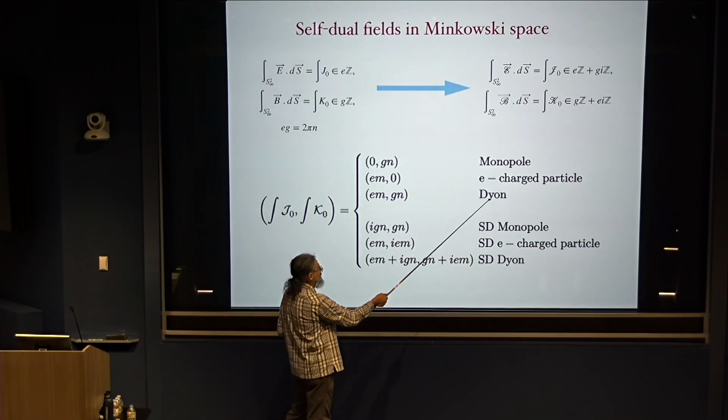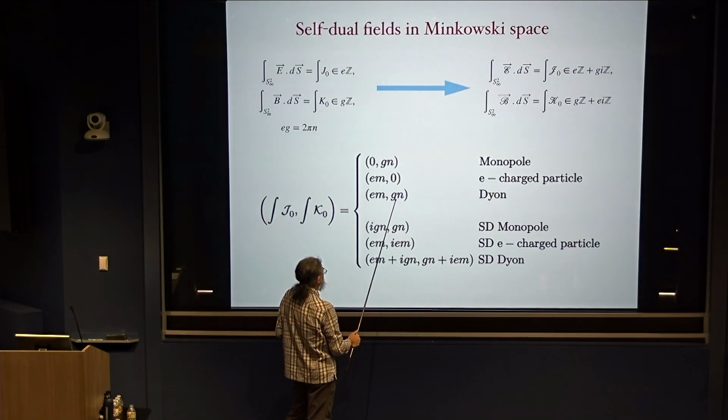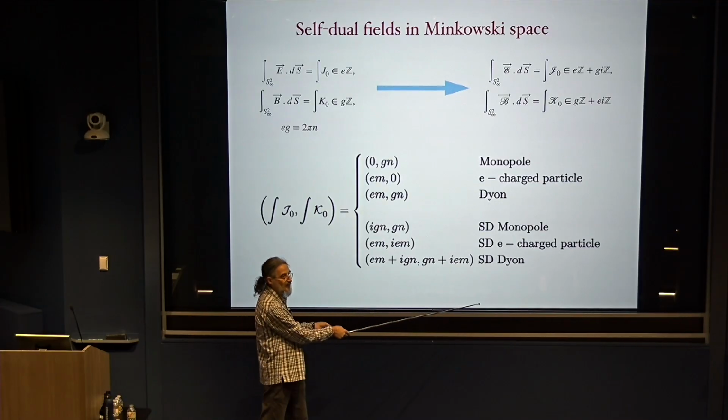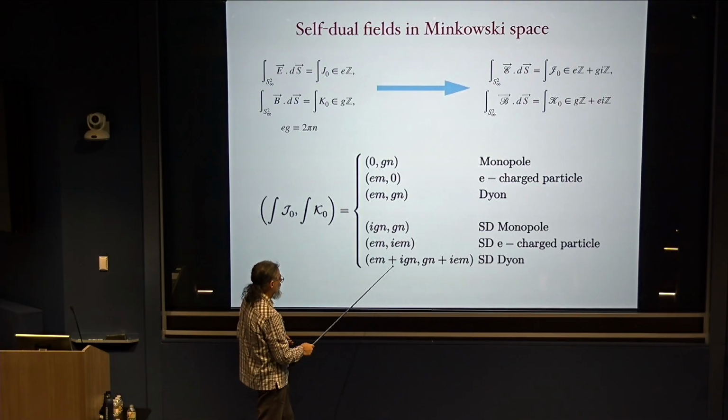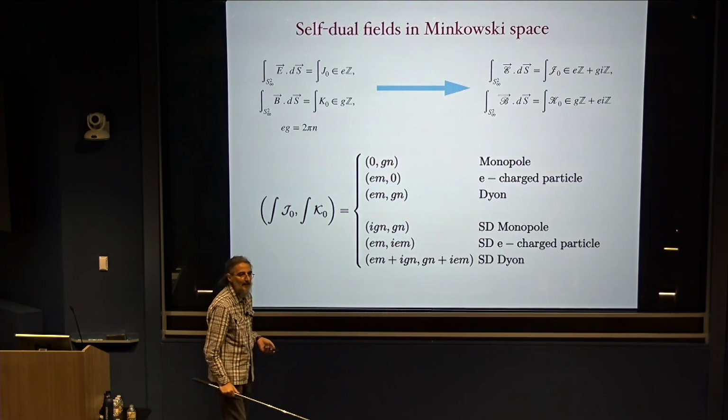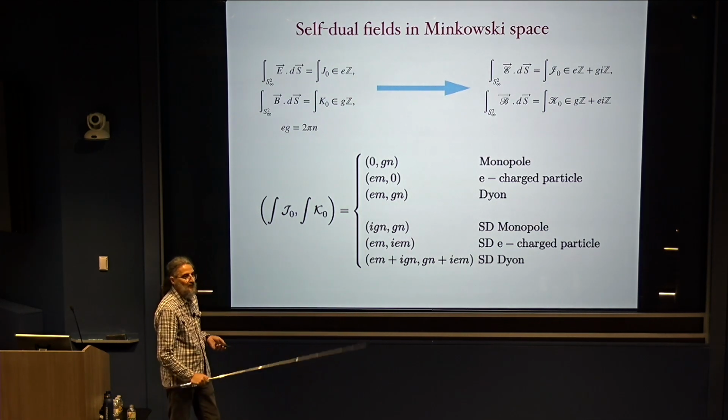However, a normal dyon is not self-dual. It is magnetic charge G, electric charge E. And if you want to write down a self-dual dyon, you have to have this mixture of both real and imaginary electric charges. You cannot write a dyon field which is manifestly real, neither for a self-dual dyon in Minkowski space nor in Euclidean space.